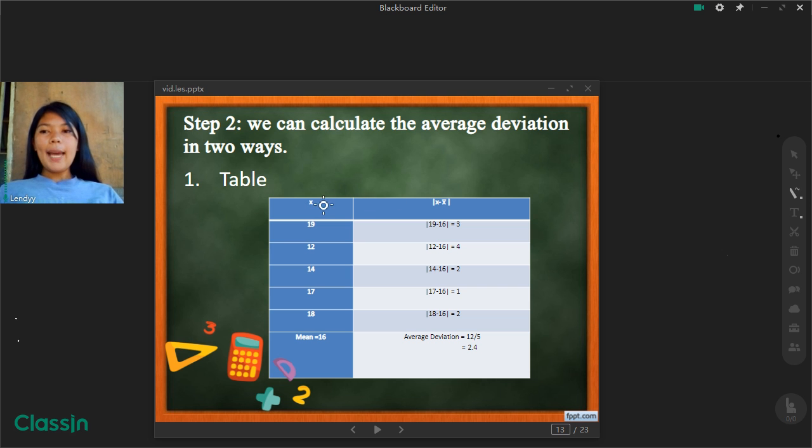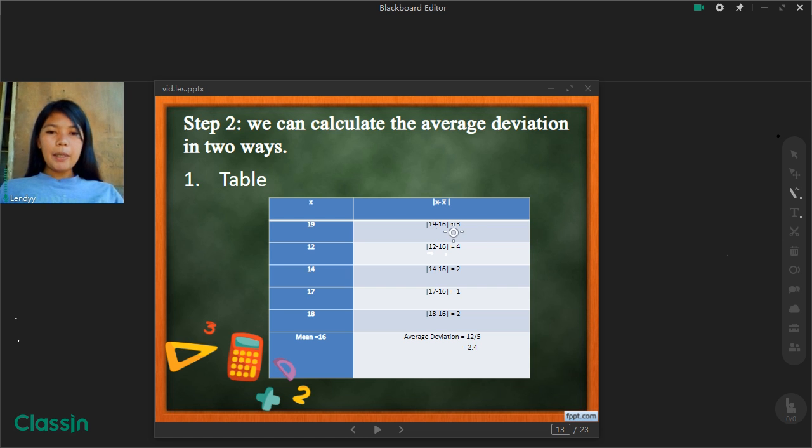We have x, our values, and x minus mean, where we simply subtract the mean that we computed earlier, which is 16, from our values of x. Take note again that absolute value here gives only a positive result. There's no negative, no matter if the value is lower than 16.